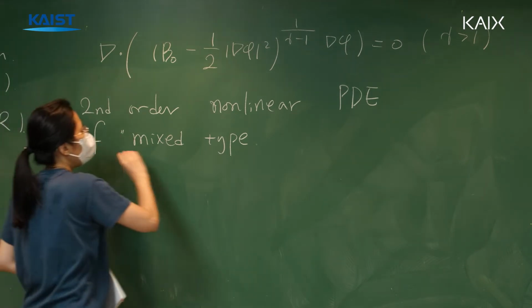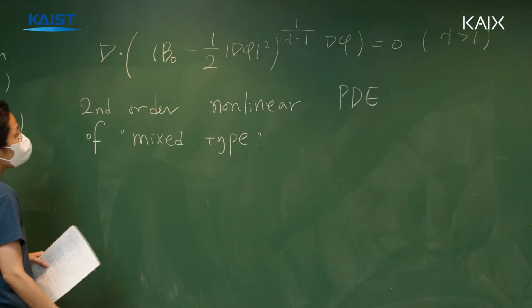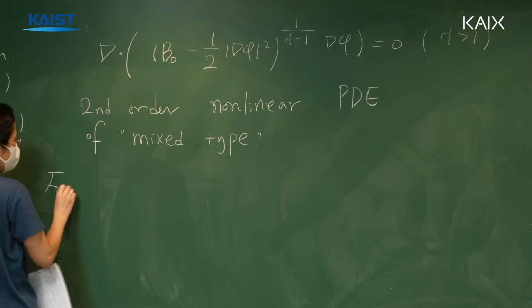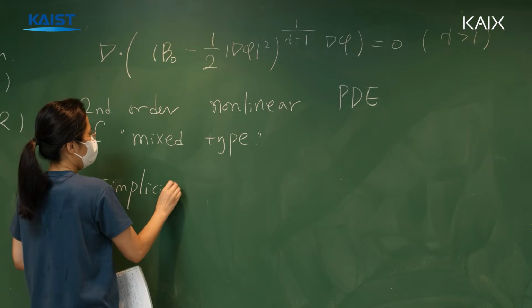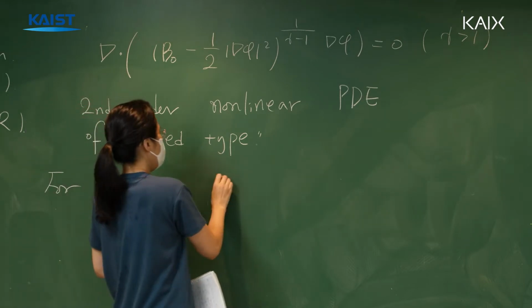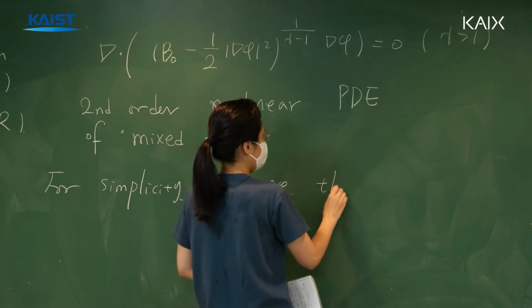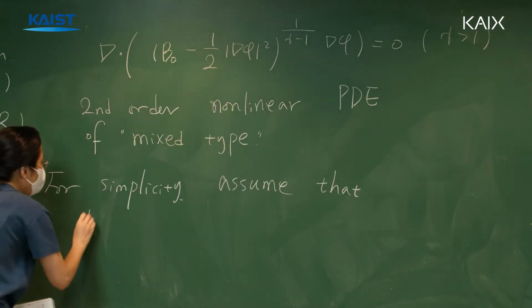So what do I mean by mixed type? Now we are going to carry on a further computation for that. Just to simplify the computation, we are going to assume that the constant B0, the Bernoulli constant, is just 1.